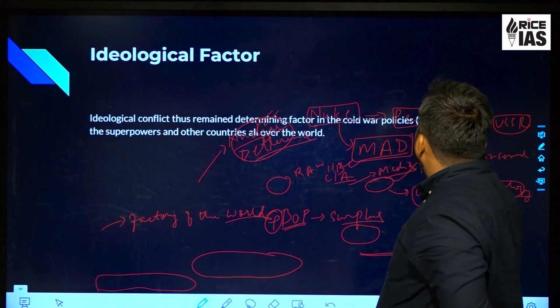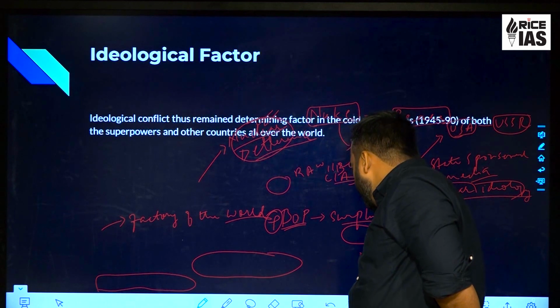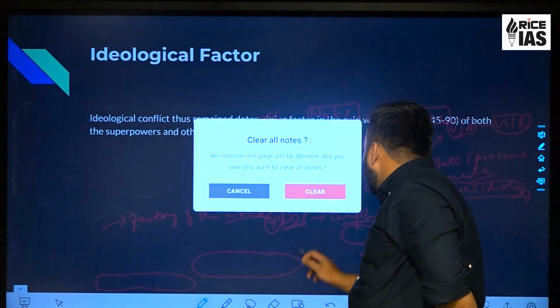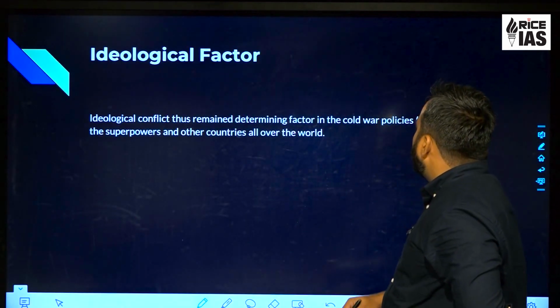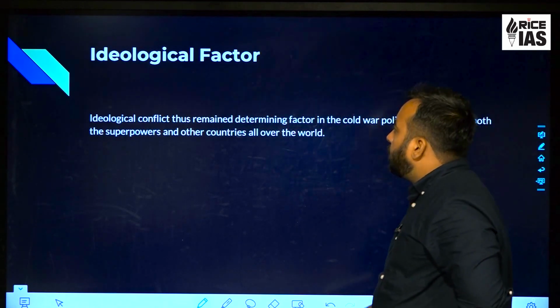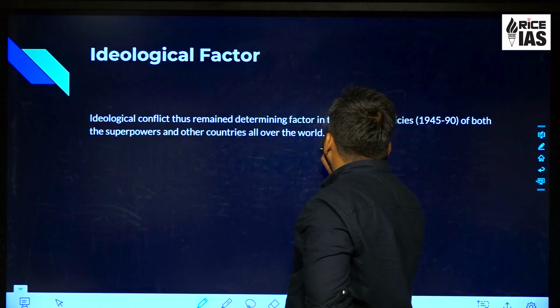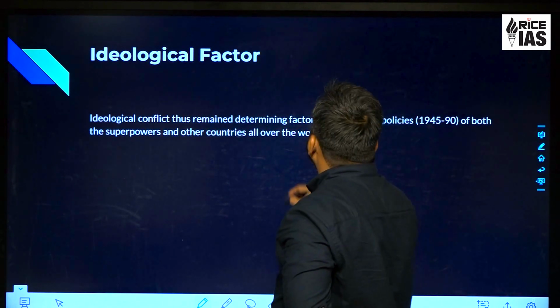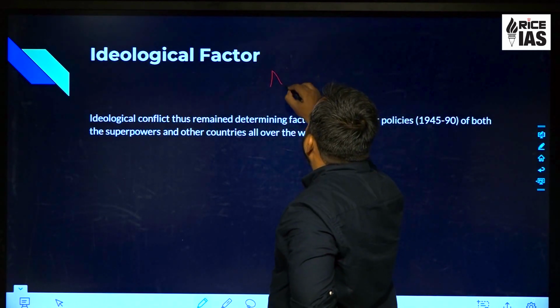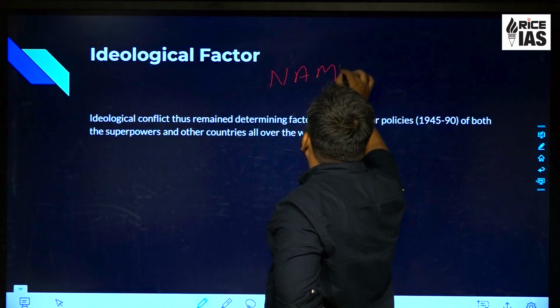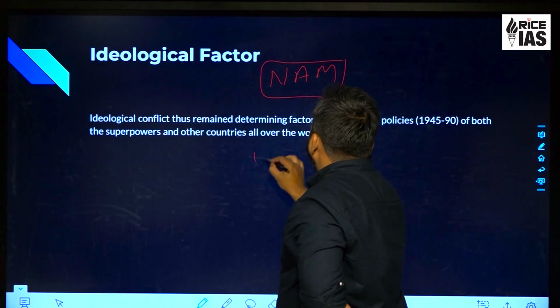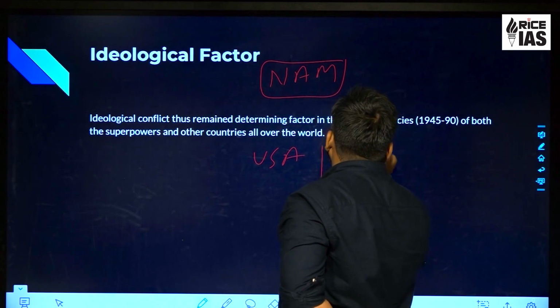Ideological factors. Yes, when the world was divided into two factions led by two ideological powerhouses, the USA and the USSR, India's foreign policy was tinged with non-alignment to either of these factions.